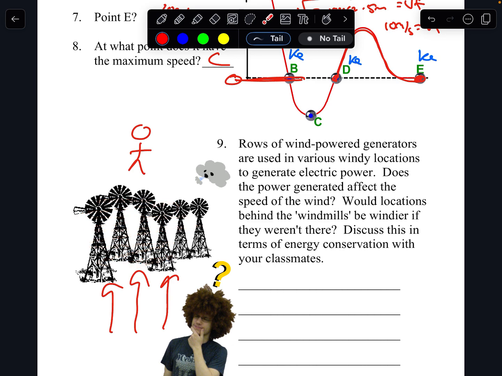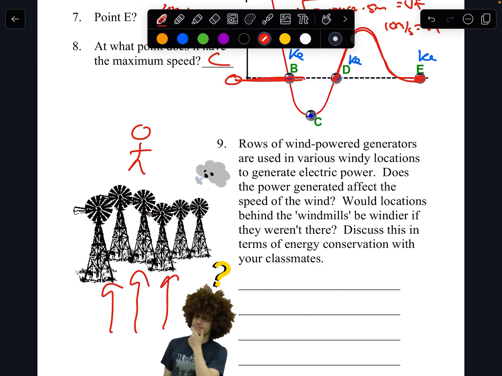Well, remember, what's happening is the wind is coming in and has kinetic energy. That kinetic energy is striking these fans, and that kinetic energy is being converted into mechanical energy, or if it's a turbine, electrical energy. So the energy of the wind is decreasing, and the energy of the fans is increasing. Our wind is losing kinetic energy when it hits the fan.